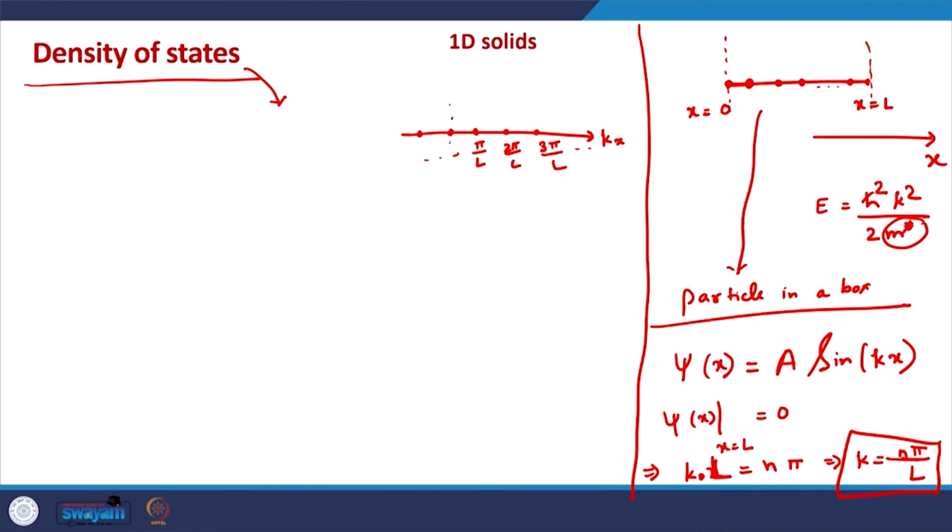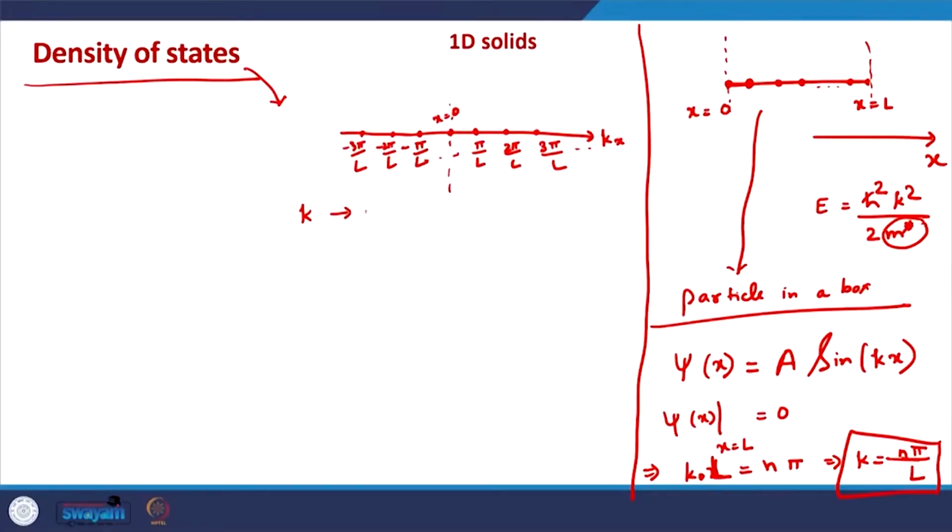Let us say this is the x equal to 0 point, even minus pi by L, minus 2 pi by L, minus 3 pi by L will also be valid solutions of the Schrodinger equation.